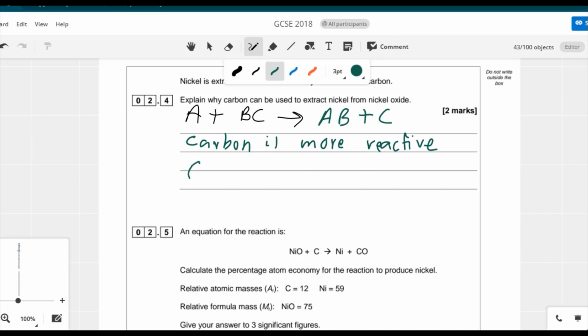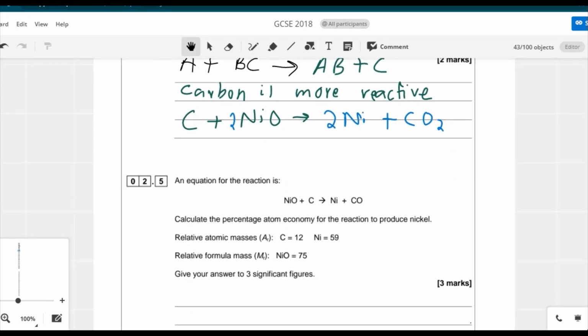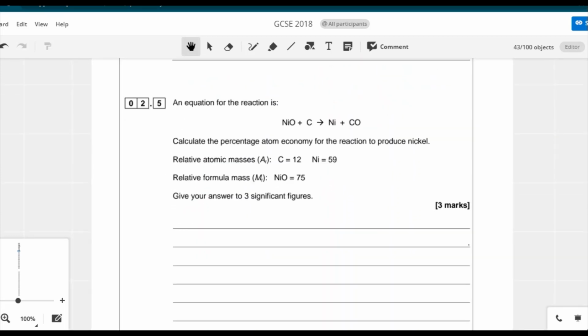So here carbon reacts with nickel oxide, and for example, let's suppose we take 2 moles of nickel oxide. It will form 2 moles of nickel plus carbon dioxide. So you can see that carbon eliminates the oxygen from the nickel compound.